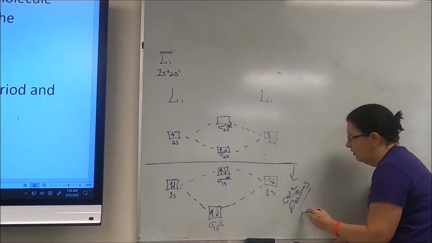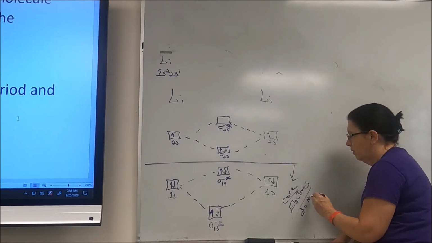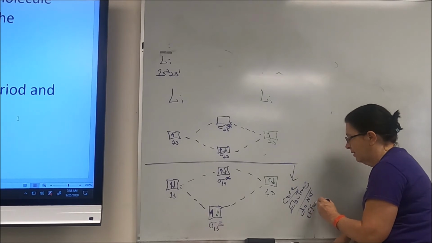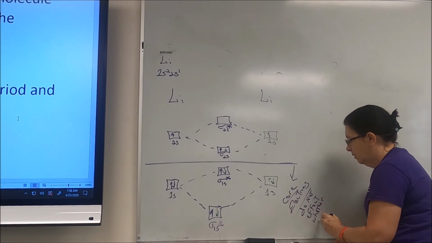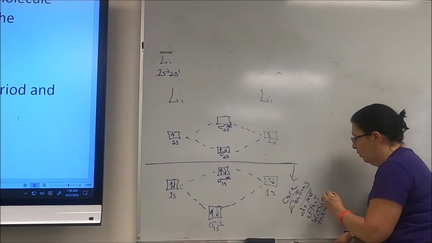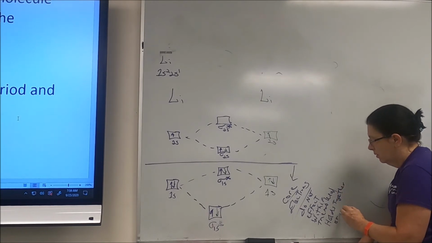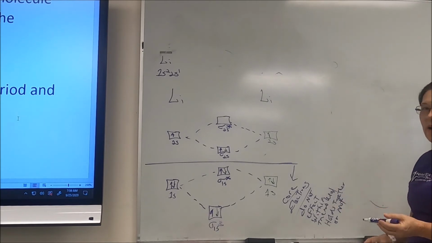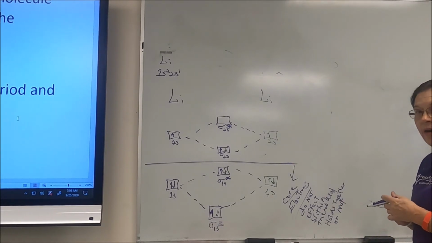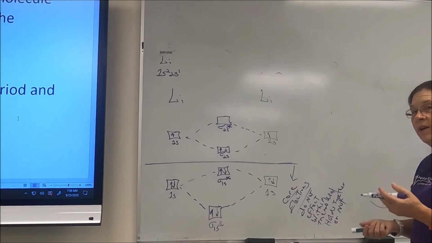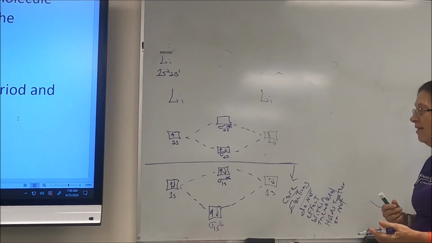So core electrons do not affect whether the molecule holds together or not. So we're going to ignore them. Okay? They're there, they're in molecular orbitals, but they're not going to determine if the molecule can exist or not.